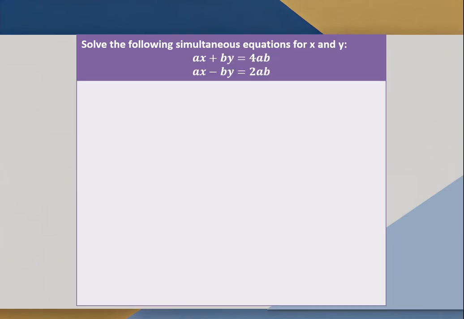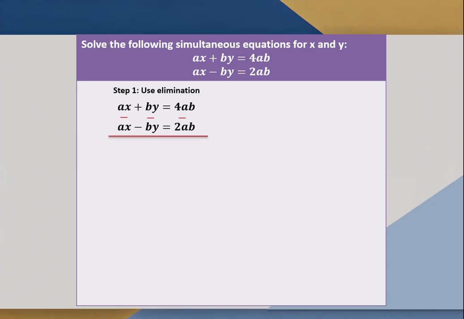Now we're going to get a bit trickier and look at simultaneous equations when we're dealing with equations. So it says solve the following simultaneous equation for x and y. Lots of these I personally find substitution easier, but in this case, I can clearly see that I'm able to get rid of ax. So I'm going to use elimination.